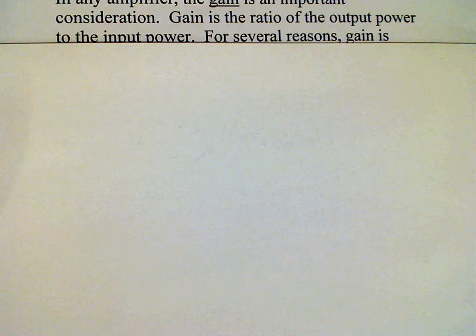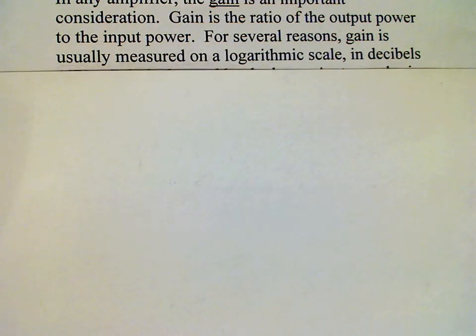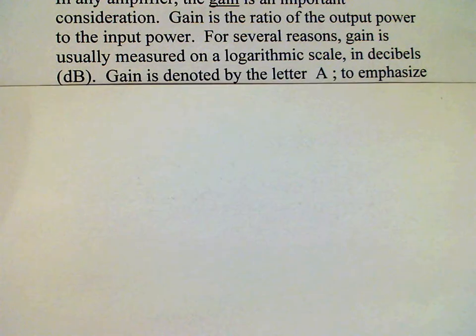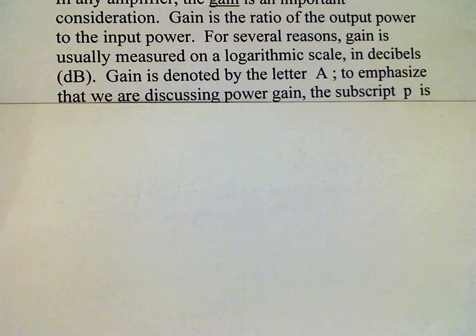And if it's understood that we're talking about power gain, then gain is calculated by taking the ratio of the output power to the input power and then taking the common logarithm and multiplying by 10. Okay?